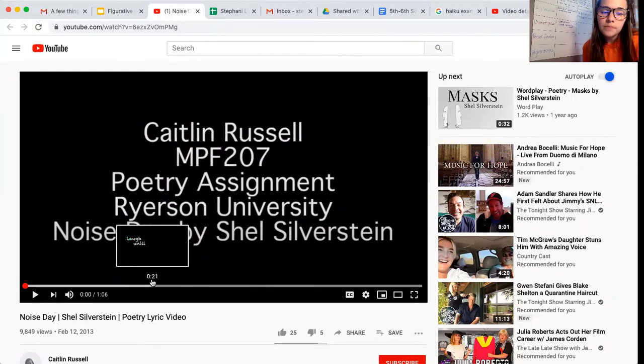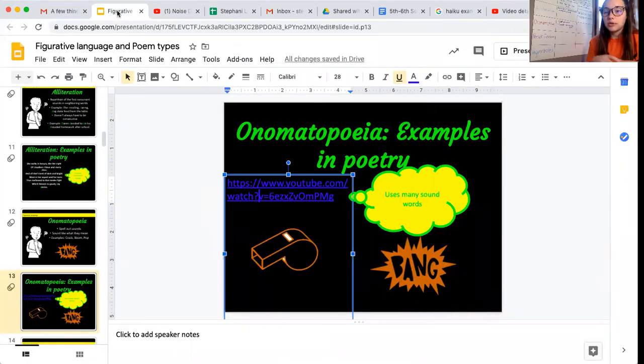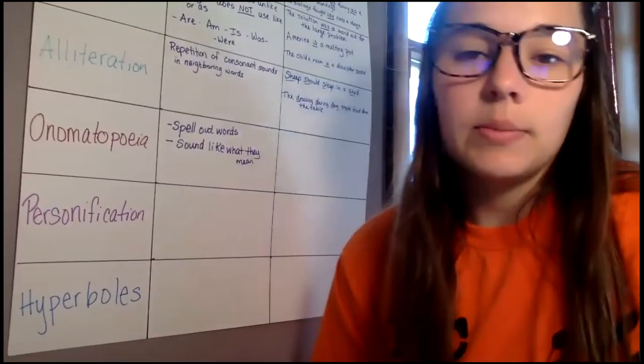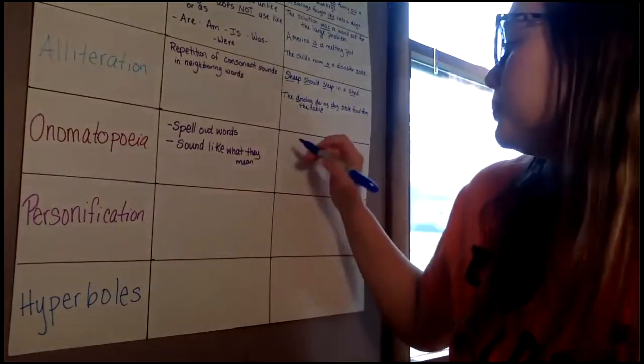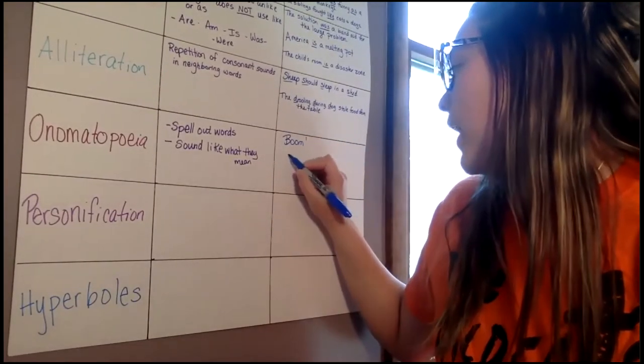So they made the words look like what they are. And so that's just an example of a poem. That poem was by Shel Silverstein. So some more examples might be boom, crack.